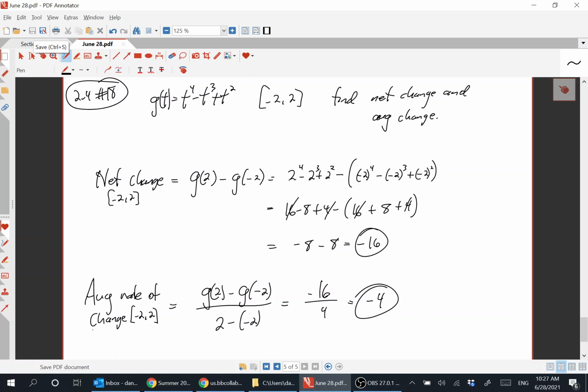Okay, I did get the average rate of change right. I think I just made a mistake on the first part. Oh, the net change was wrong? Yeah. Did you calculate it twice? To do the average rate of change, you have to use the net change on the top. Did you use the answer from before, or did you recalculate it up here? I just used the answer from before.